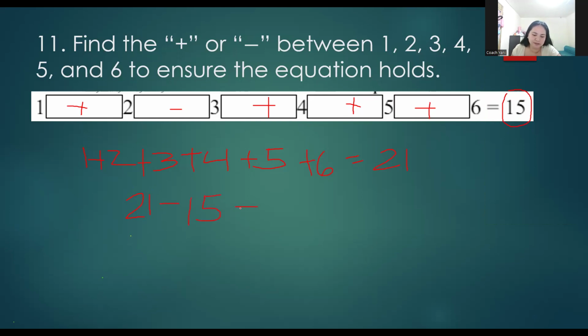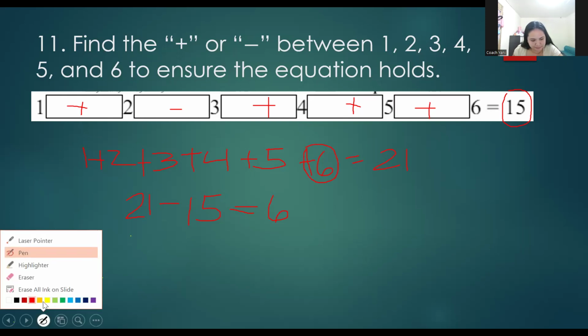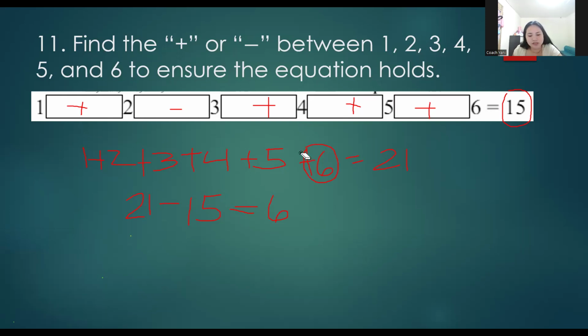That means you just need to find 6 here and you will subtract. So here you can do this one. This is 6, right? You just delete plus here and then replace it with subtraction. That is a shorter way, right? Rather than trial and error.